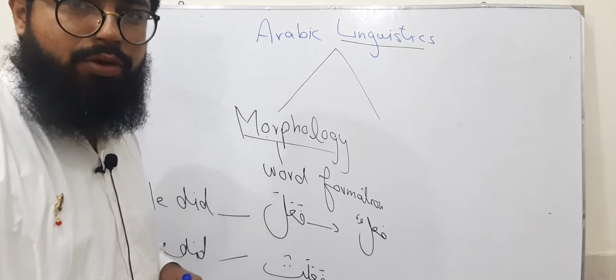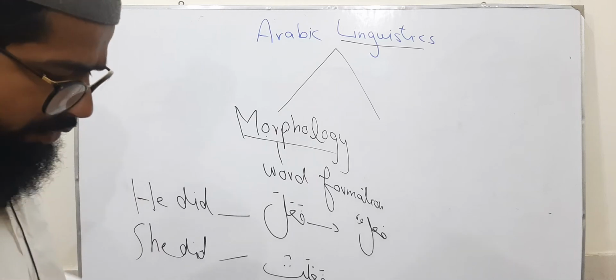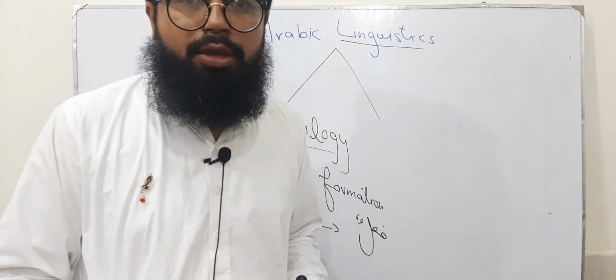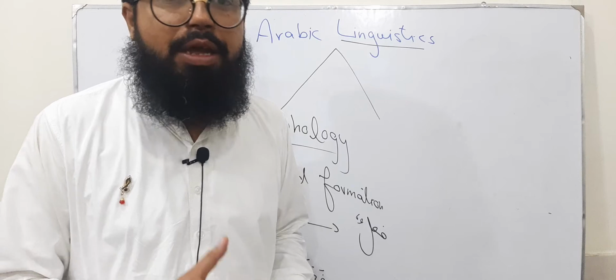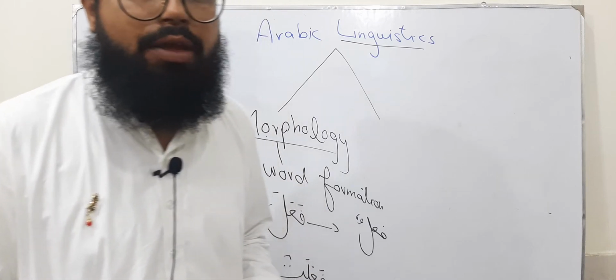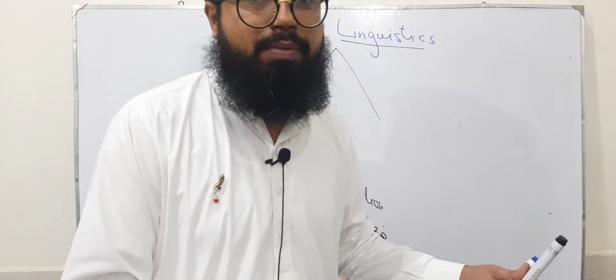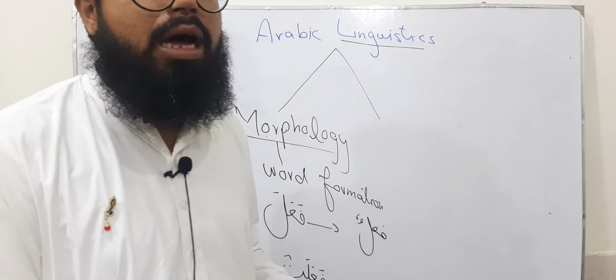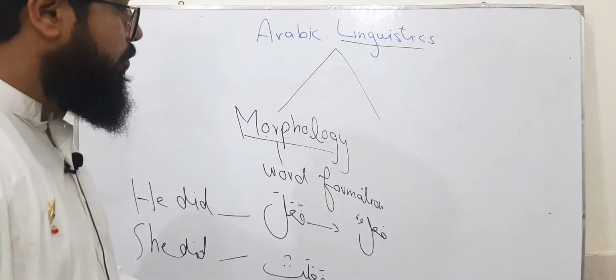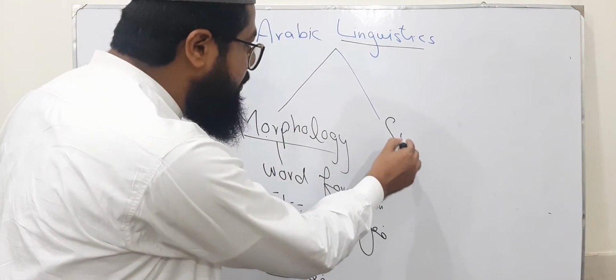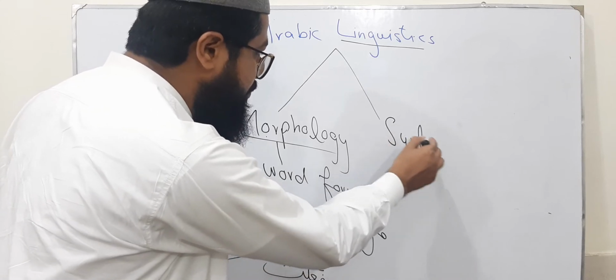Dear students, suppose you have learnt about making words in the Arabic language, what would be the next step? The next step would be the arrangement of words. The arrangement of words is called syntax.